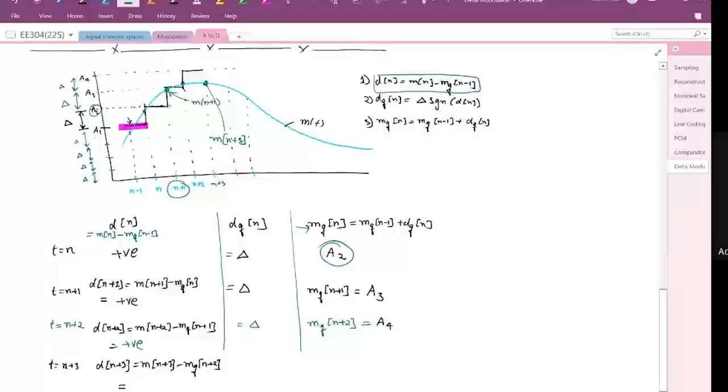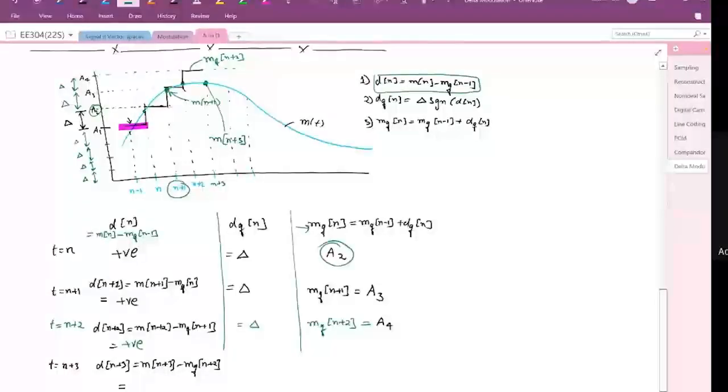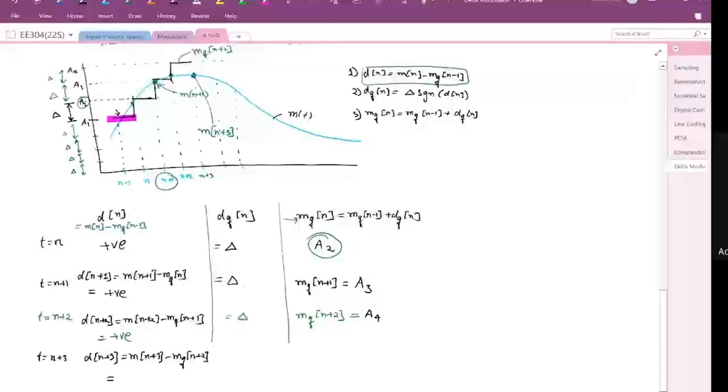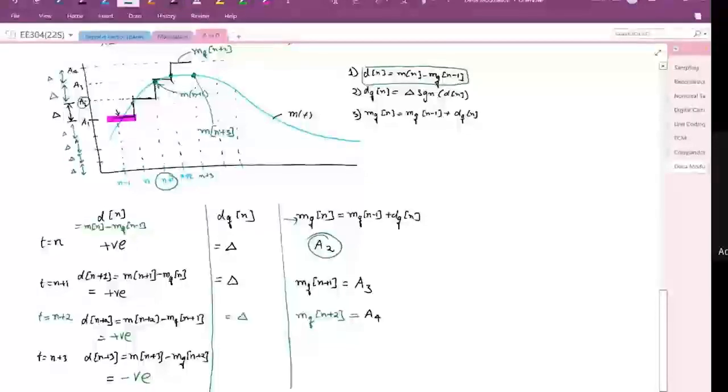If I compare this with mqn plus 2, which is this, what can we say? Is it positive or negative? Negative. So what can we say about dn plus 3? That it is negative.